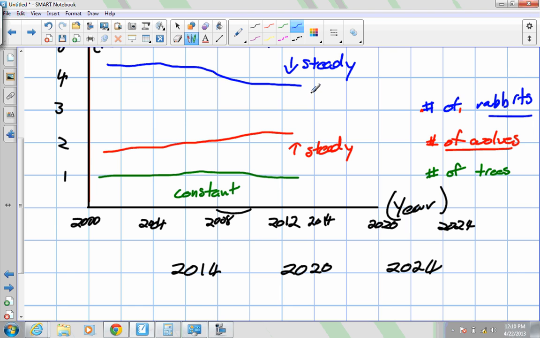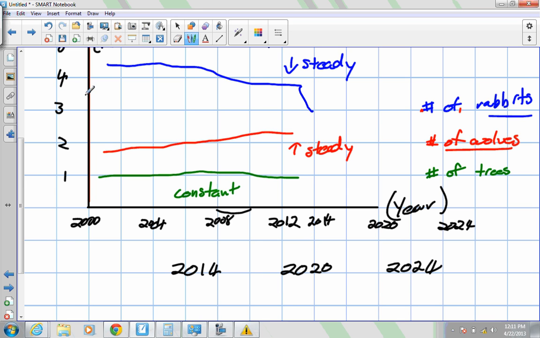Rabbits? Okay. Using our y-axis as a reference point, where would you say in 2014 that blue might be? If this is 3,000 and this is 4,000, in reference to this y-axis, in 2014, where do we think rabbits will be? You think it's going to do this? Slowly?